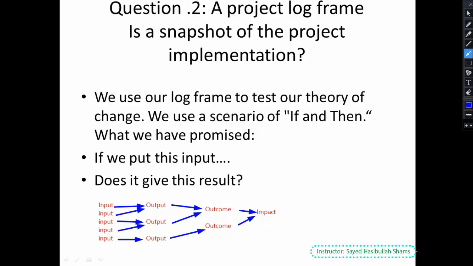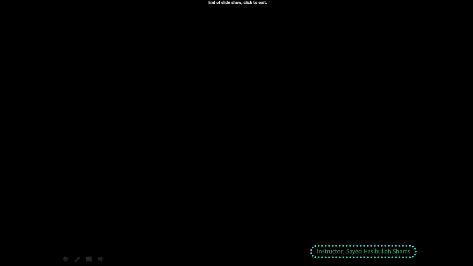Will we achieve the output? If we add this output, will we achieve the outcome? And if we join these two outcomes, will we earn impact? So it gives a snapshot. Yes. Thank you.